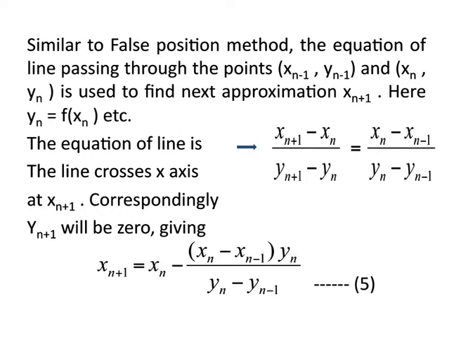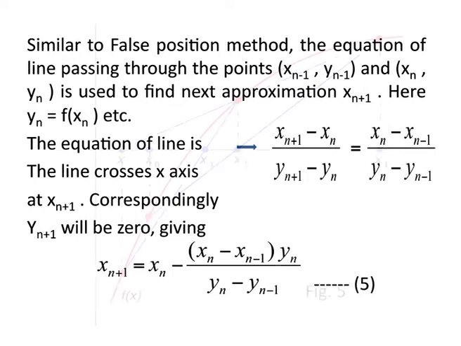Now, this line will cross the x axis at some point, and this point is the next approximate root, say x n plus 1. At this point the value of function will be 0. So, we substitute x is equal to x n plus 1 and corresponding y n plus 1 is equal to 0, and that gives us equation 5 for the next approximate root.